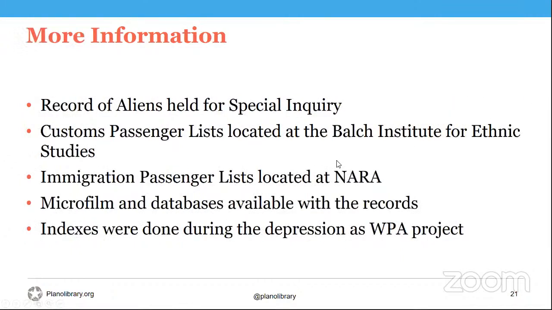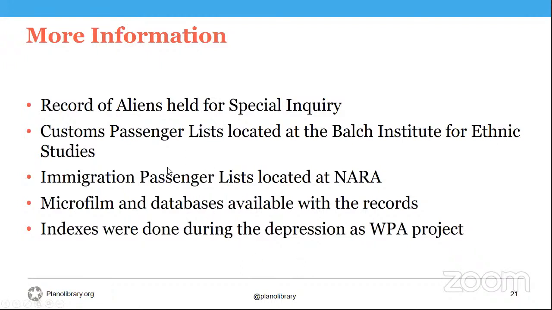So let's go on. Other places to look for records are records of aliens held by special inquiry, which means that it's at the National Archives or at other specialty libraries like the Balch Institute for Ethnic Studies. That's where you can find the originals located. But like I said, most of it has been microfilmed, and the National Archives or these others have them available, but they've also been digitized.